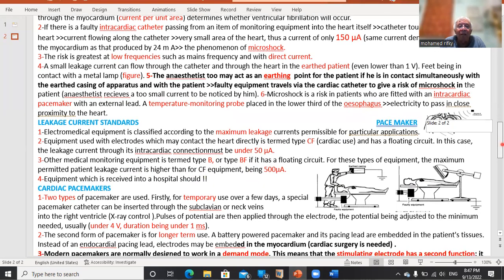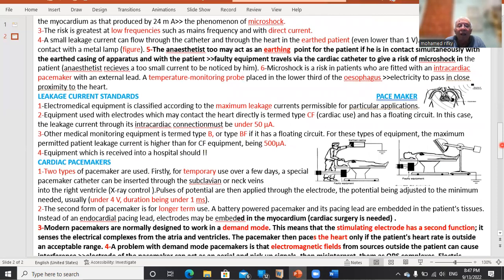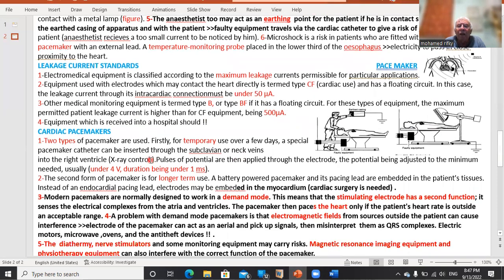Now we come to the last point, which is the cardiac pacemaker. We have two types, of course. The first one is temporary, where we go through the subclavian and neck veins under X-ray control, and we introduce electrodes touching the heart, inducing a pulse.